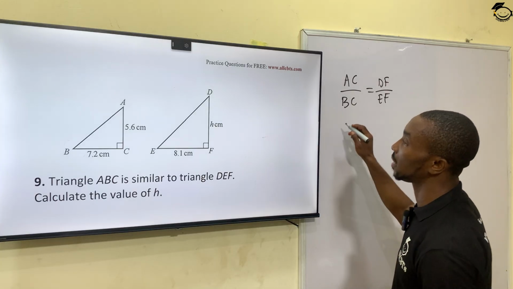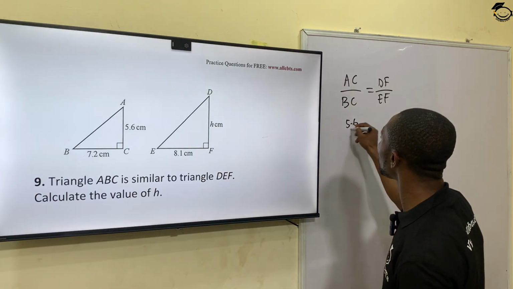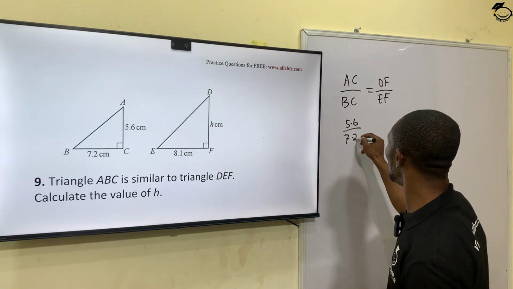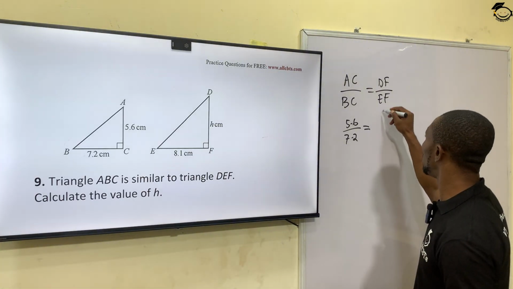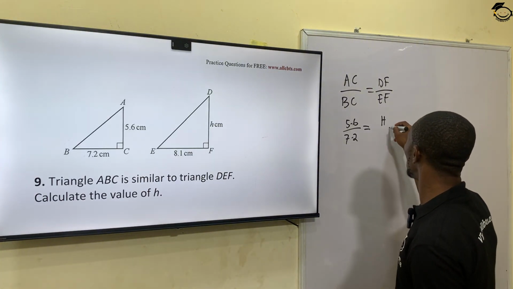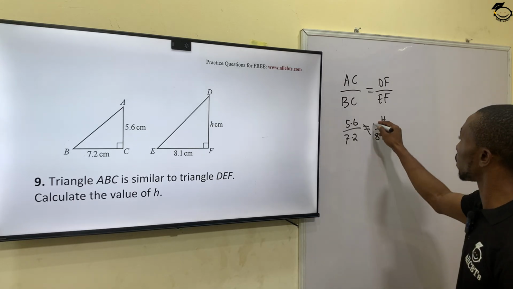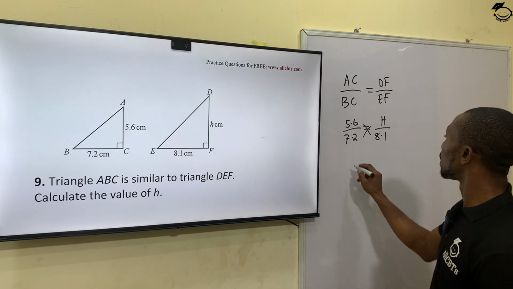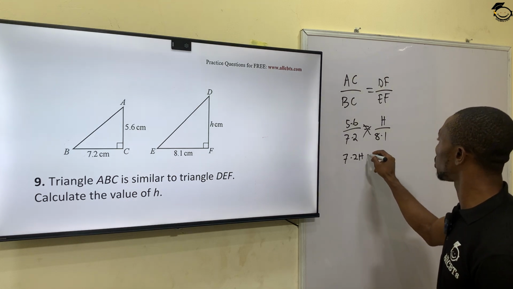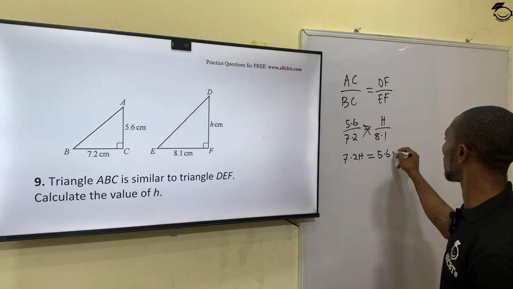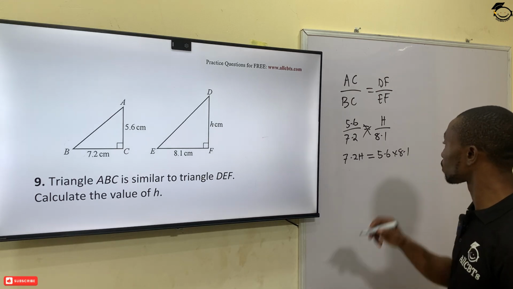Now the value of AC is 5.6 all over 7.2 equals DF, which is H, all over 8.1. So here we simply cross multiply, giving us 7.2H equals 5.6 times 8.1.